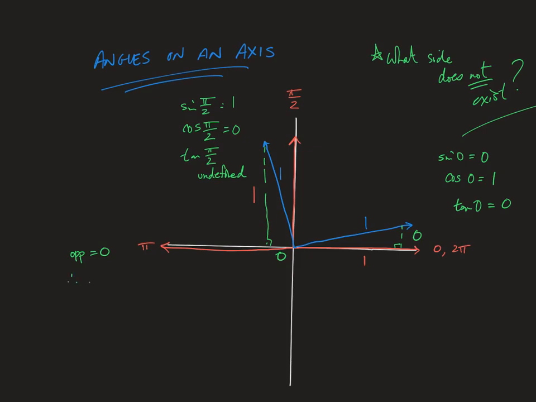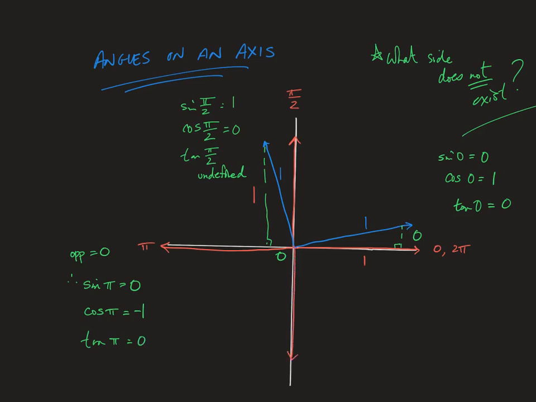Since sine is opposite, then the sine of pi is 0. Since the opposite side is 0, then my adjacent side is everything, so 1. The only thing I have to remember is I went to the left, so it was a negative 1. My tan is opposite over adjacent. There's my 0.